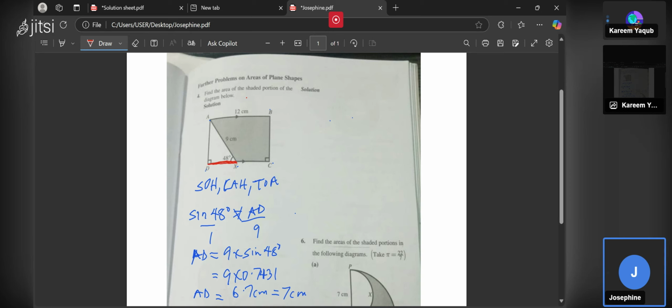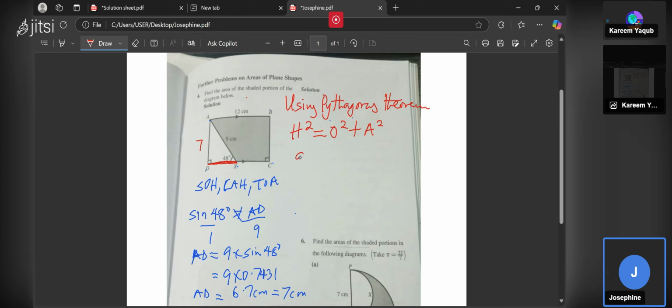Since this one is 7 now, using Pythagoras theorem, hypotenuse squared equals opposite squared plus adjacent squared.